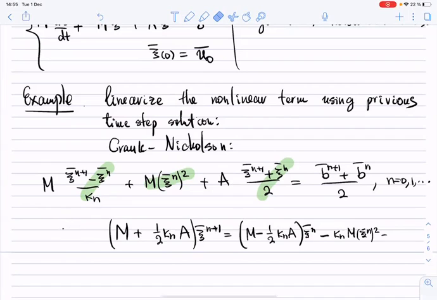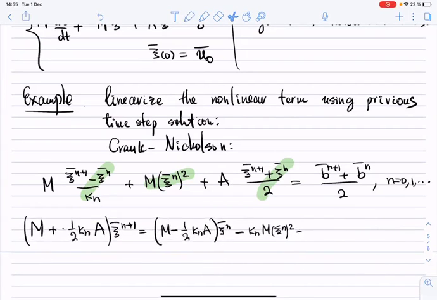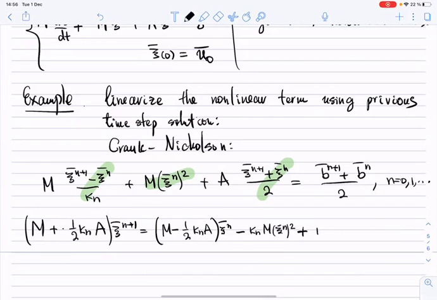So let me make some space here. And then I have the right hand side contribution. So this is kn divided by 2 bn plus 1 plus bn. And that's true again for n equals 0, 1, and so on.